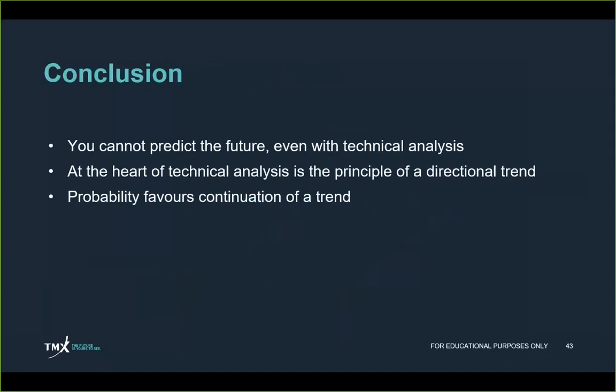So with that in mind, everybody, just a friendly reminder that you can't predict the future. We don't have a crystal ball. Even with technical analysis, you're dealing in probabilities. Really what we're looking to identify is a number of different observations within a price chart to lend credibility to a specific directional bias where in the past those observations have preceded a particular move.